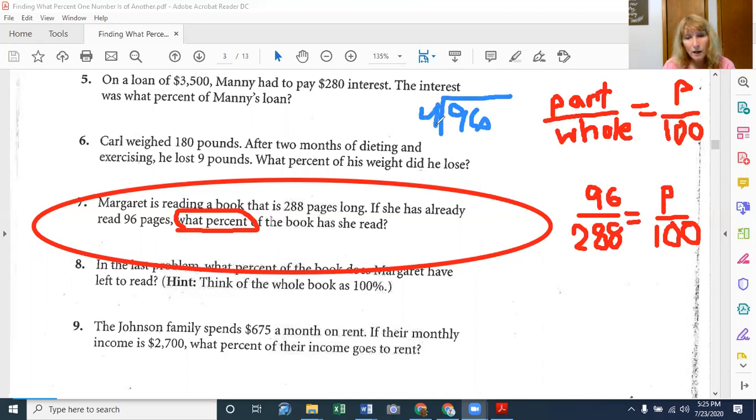4 goes into 9 two times. 4 times 2 is 8. 9 minus 8 is 1. Bring down the 6. 4 goes into 16 4 times. So if you divide 4 into 96, you get 24. And if you divide 4 into 288, let's see what you get.